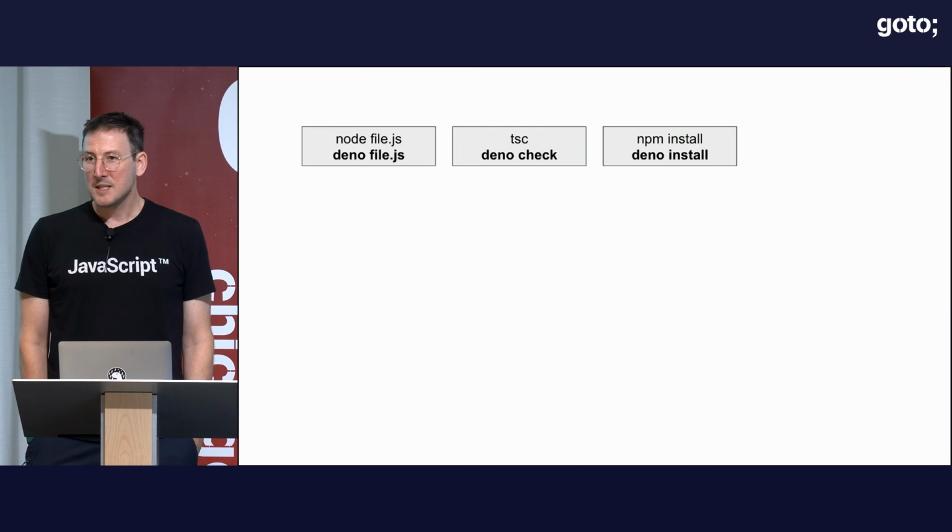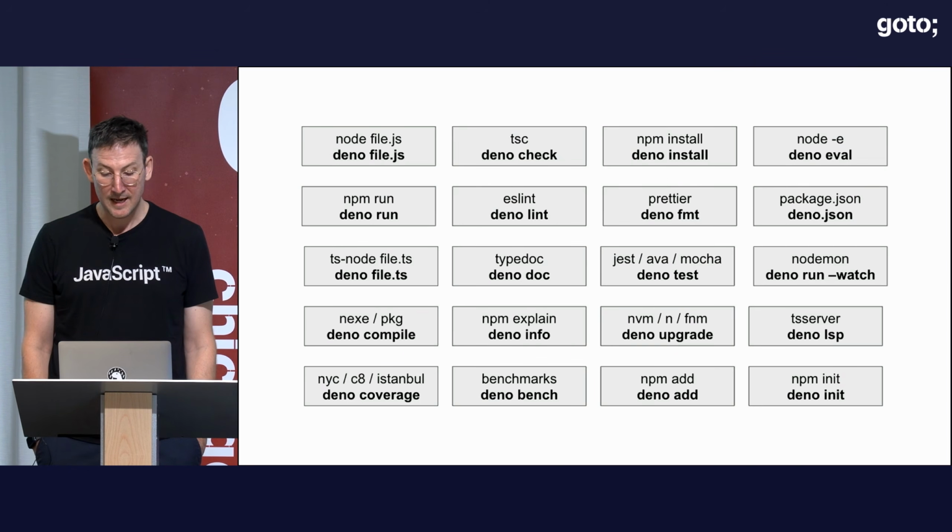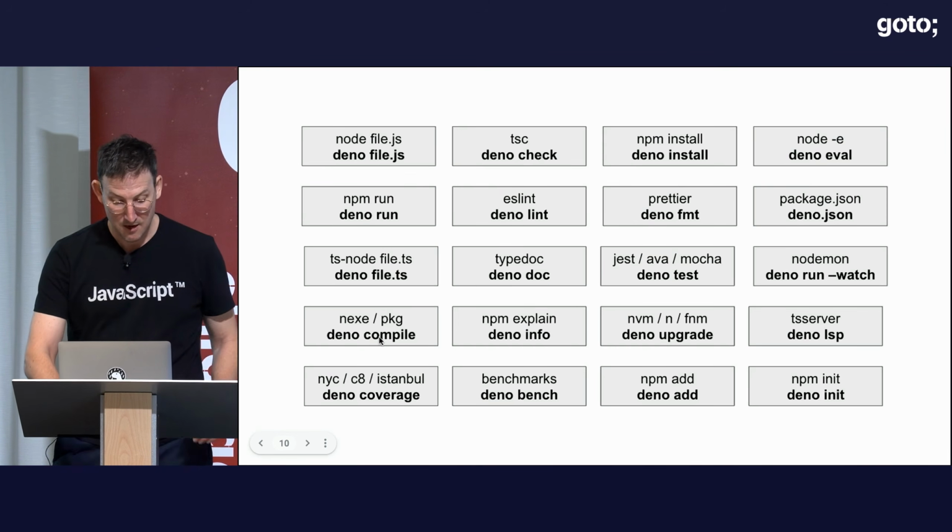You might use npm install in Node to create a Node modules directory to get all of the things from your package JSON and download those dependencies. In Deno, you can run Deno install. I'll show that in a second. And there are other subcommands for essentially any behavior that you want here. I want to look at one of these in a little bit more detail, Deno compile down here.